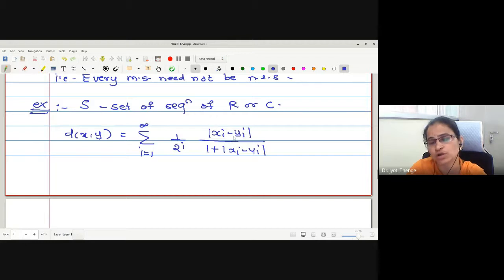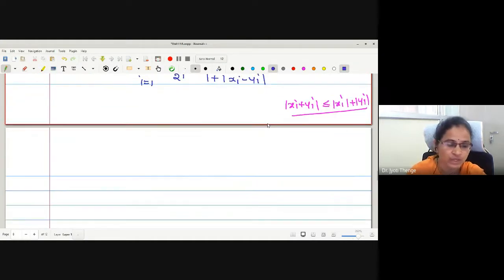Fourth also holds because we know that for modulus, mod of xi plus yi is less than or equal to mod xi plus mod yi. This we know, and using this, one can say the triangular inequality regarding the metric is also true. Therefore, clearly this s_d is a metric space.